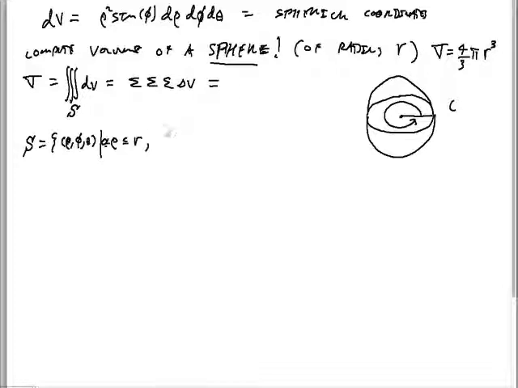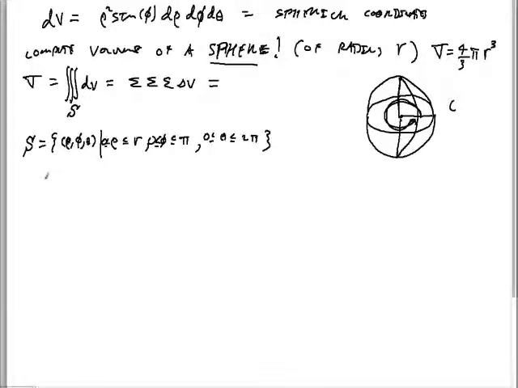We know that phi is coming from the very top here, all the way down to the very bottom, so it varies from 0 all the way to pi. And finally, theta is going to go all the way from 0 to 2 pi. Right, so that's a sphere defined in spherical coordinates.